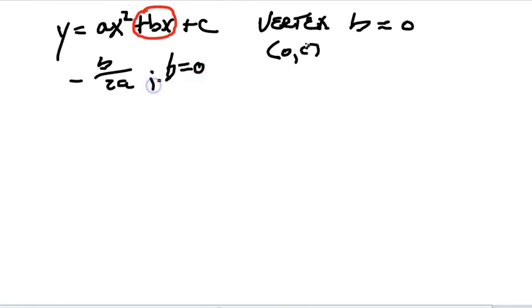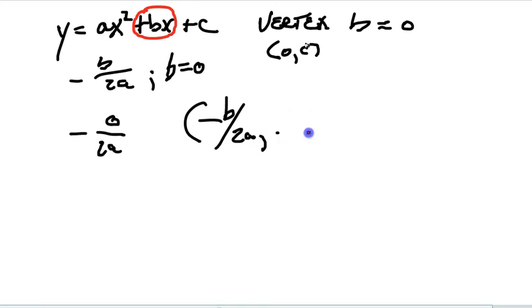And if you look at it that way, you'll understand that this now turns into negative 0 over 2a. And 0 over anything is going to be 0. So the x-coordinate of the vertex, since it's negative b over 2a, is now going to be 0.